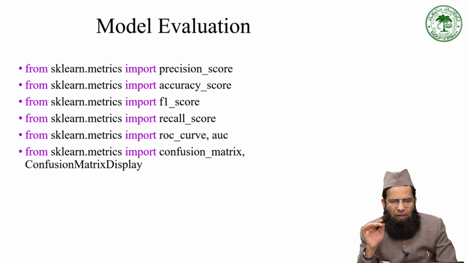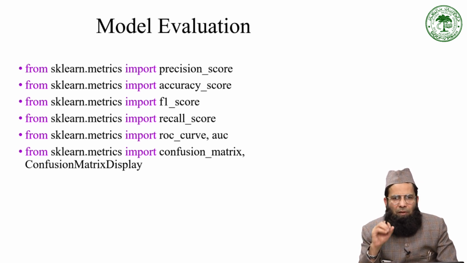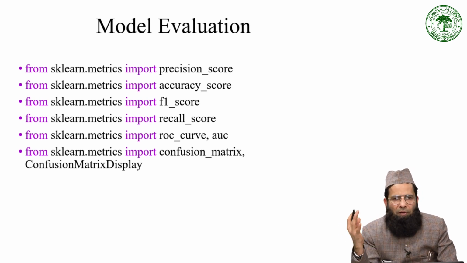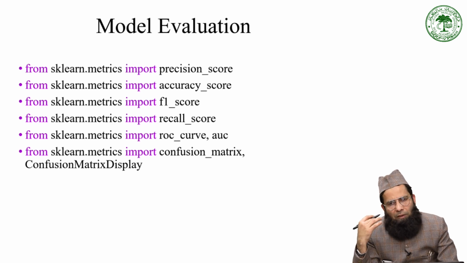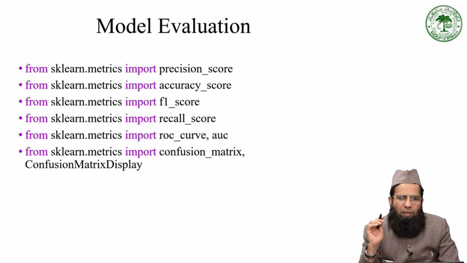So what is accuracy? This is the most important performance measure, and it is simply the ratio of correctly predicted observations to the total observations. In your total observations, you have true positive, true negative, false positive, false negative. In this way you can calculate the accuracy.